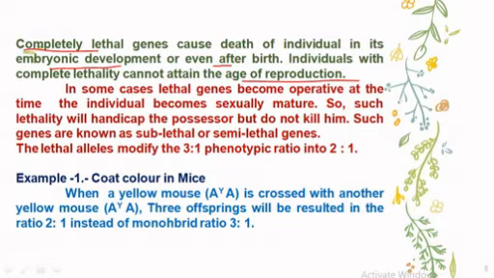In some cases, lethal genes become operative at the time when the individual becomes sexually mature. Such lethality will handicap the possessor but not kill him. Such genes are known as sublethal genes or semi-lethal genes. These are not fully lethal genes. Here the organism stays alive and survives, but it will not proceed to reproduction and will not fertilize.